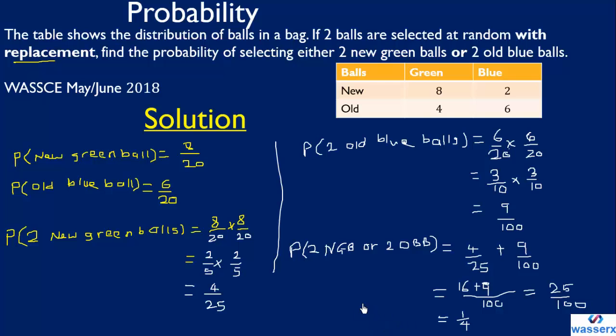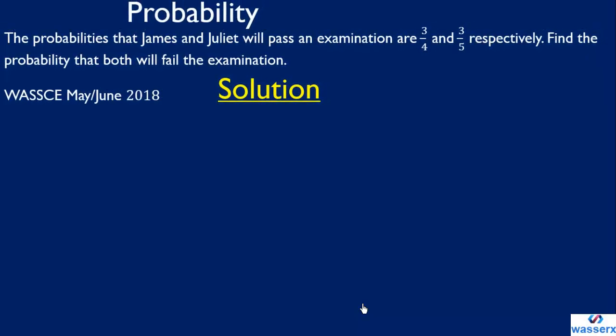So let's look at another example again. So let's proceed. The probabilities that James and Juliet will pass an examination are 3 over 4 and 3 over 5 respectively. Find the probability that both will fail the examination. So the probability that James passes the exam is 3 over 4.